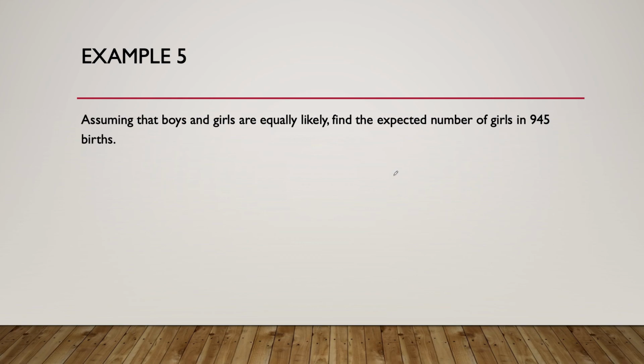And just for one more example of this, assuming that boys and girls are equally likely, find the expected number of girls in 945 births. For this, we just take 945 and multiply by a half. This gives us 472.5 girls.